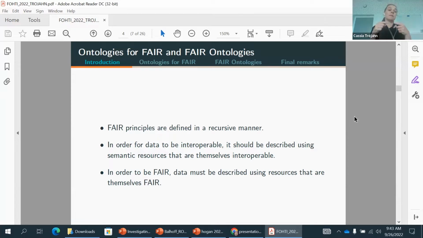They use ontologies for describing resources and making them interoperable, but ontologies are also interoperable. These are the two dimensions we have been discussing in our workshop. In order for data to be interoperable, it should be described using semantic resources that are themselves interoperable. In other words, in order to be FAIR, data and metadata must be described using resources that are themselves FAIR. I will go a little further on each dimension.